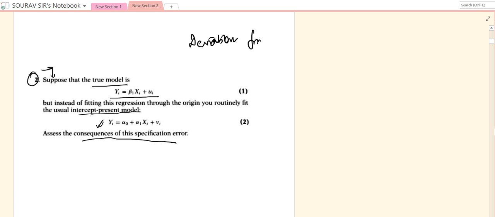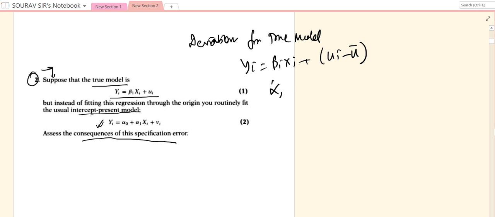deviation from the true model, that is yi equals beta1 xi plus ui, minus u bar. Now alpha1 hat equals summation yi xi divided by summation xi square. This is one part.